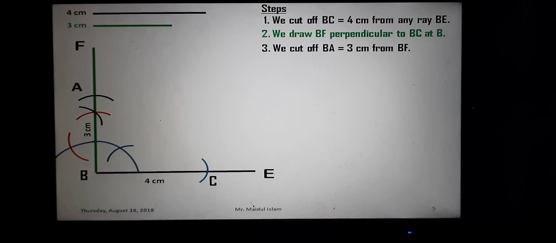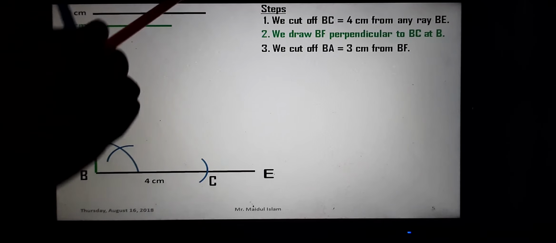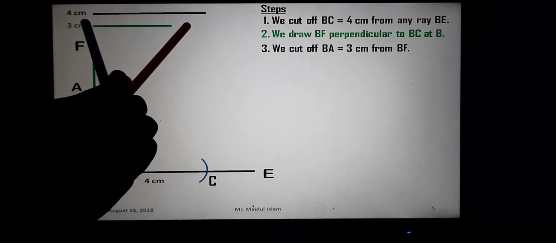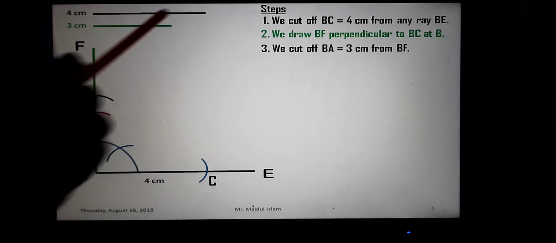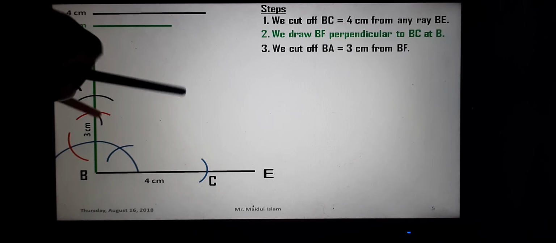Very interesting things. Look at the screen, and it is very easy. So now what do we have to do? Taking a length of how many centimeters? 4 centimeters, my dear students. Centering A, taking a length of 4 centimeters, we will draw an arc here.